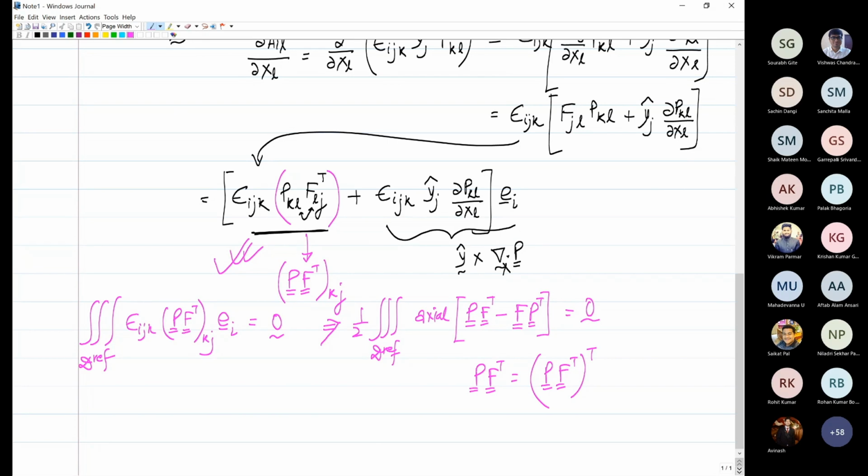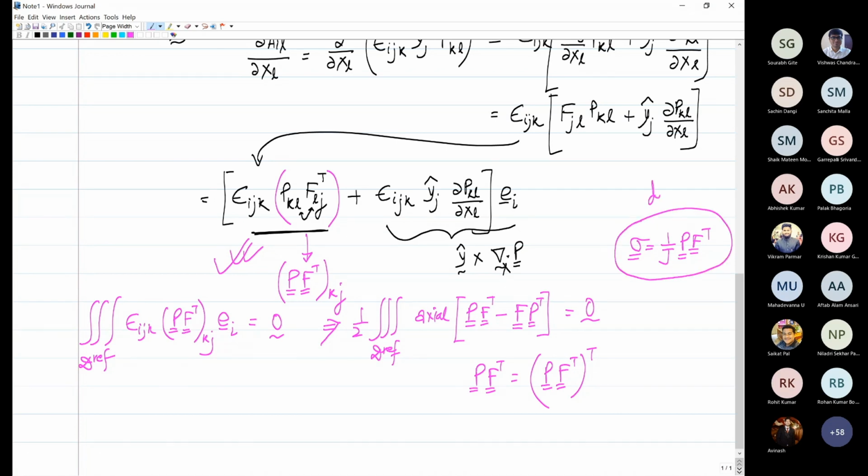So this is what you're getting from the referential form of angular momentum balance, and this is also kind of intuitive because you have already the relationship between sigma and P, right? So sigma and P, how are they related? Sigma is equal to, I guess, 1 over J PF transpose. Is that correct, or am I making some mistake? Can someone confirm to me the relationship between sigma and P?